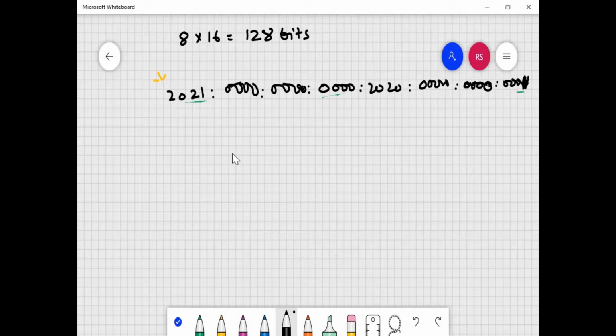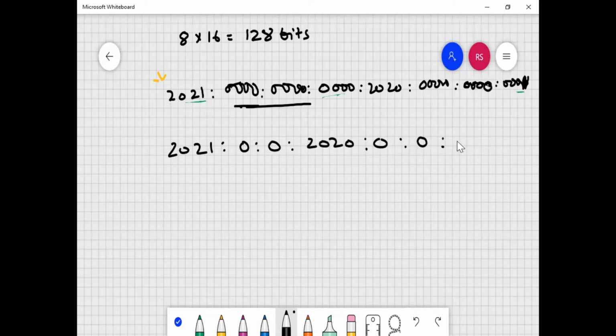Now, there is one rule: we can use a double colon, and that is you can just convert these zeros. You can write it like 2021:0:0:2020:0:0:1. Even you can remove the leading zeros also. Zeros which are coming in between, you cannot remove; only those which are coming before, you can remove.